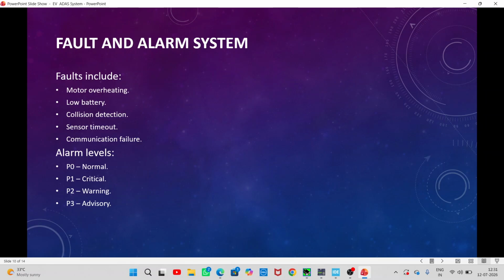Okay, we see the alarms. Here we have three alarms: critical, warning, and advisory. In the critical alarm, when a forward collision is detected by the ultrasonic sensors, the critical alarm will be raised using the red LED.